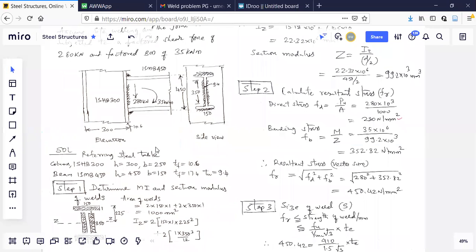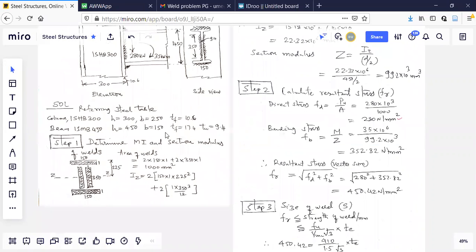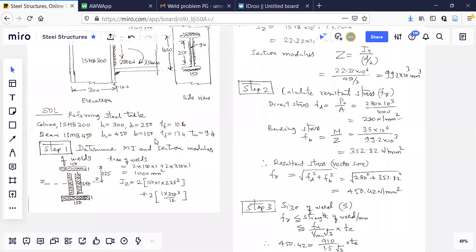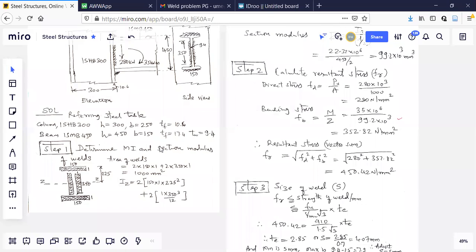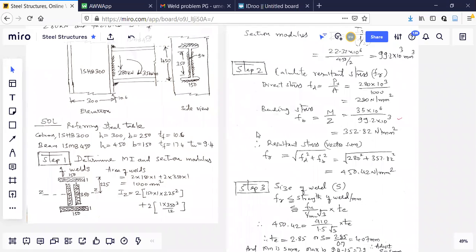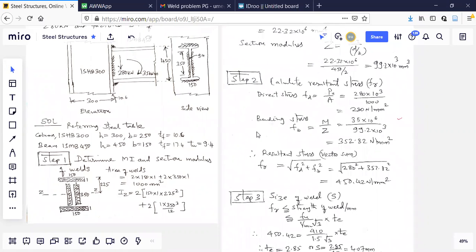I think if I give one more problem here, you'll be able to solve it now. If I create one more example of this type, I think you should be able to get it. The basics of strength of materials are enough, because I'm calculating direct stress and bending stress, just vectorially adding them, and the resultant stress that acts on the welds.